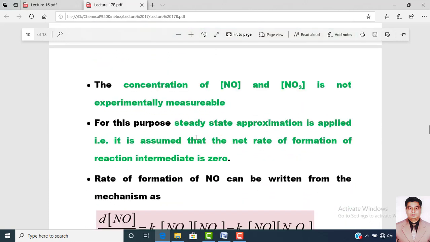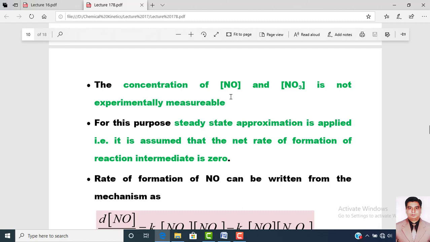Dear students, the concentration of nitric oxide and NO3, nitrogen trioxide, is not experimentally measurable. This is the main hurdle: the concentrations of NO and NO3 that have been proposed in the mechanism are present in the mechanism, but their concentration cannot be measured by using different techniques and by performing different experiments.